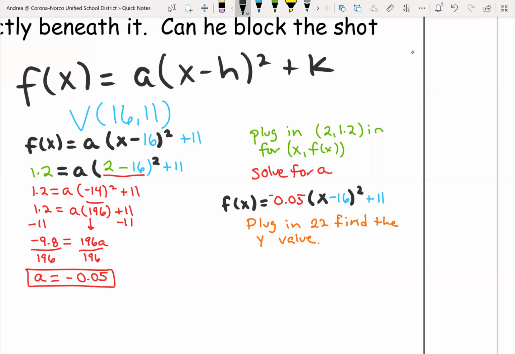So f of x equals negative 0.05 times x, and we're replacing the x now with 22, minus 16, squared, plus 11.